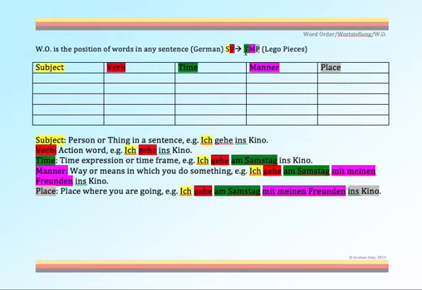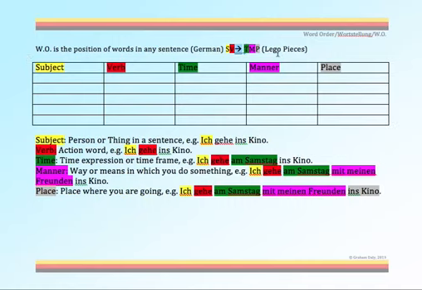I have an arrow here, as you can see, because after the subject and verb, the sentence must be put together in the following way. Time is the first piece, then manner is the second piece, then place is the third piece. So you can't have a sentence with subject and verb, then the purple piece, then the grey piece, then the green piece.